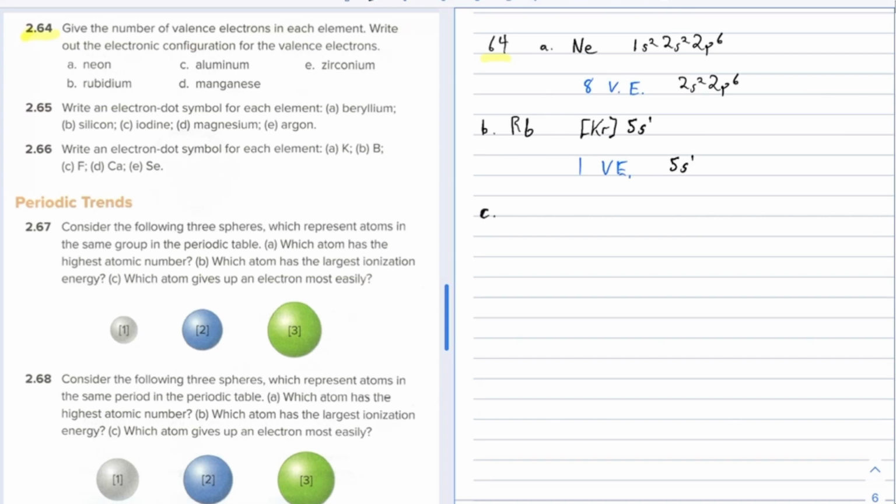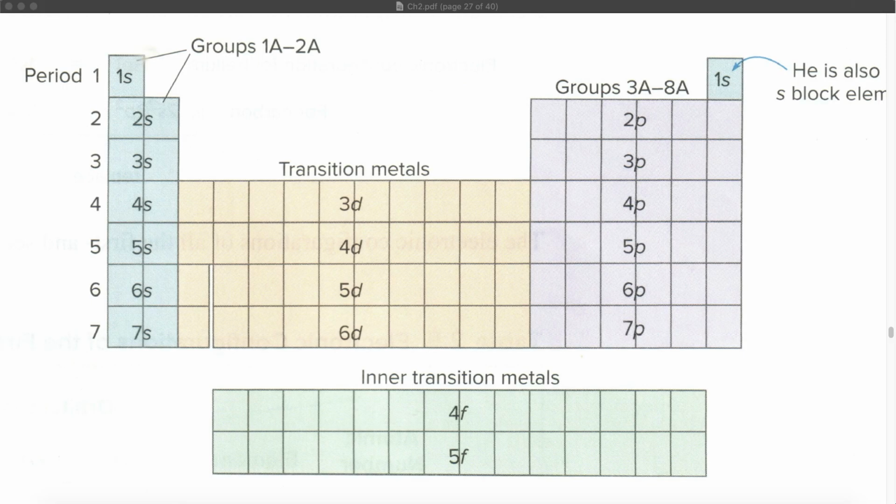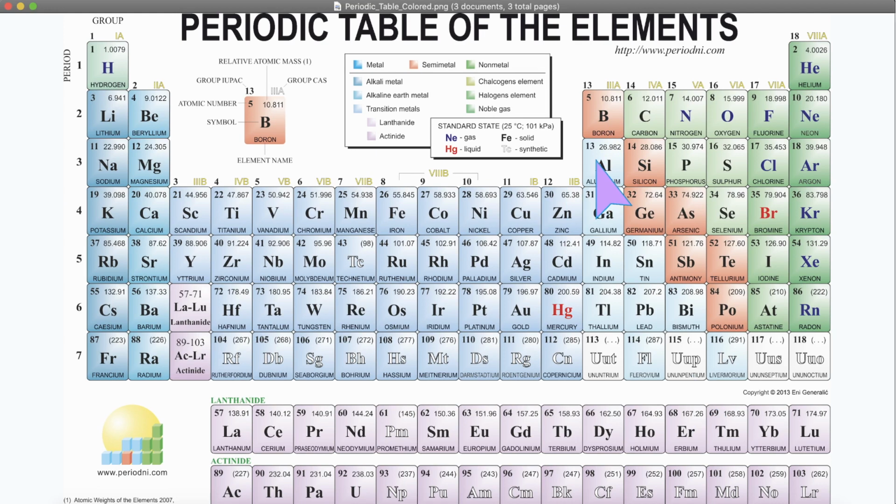So aluminum. And if we go to the periodic table, find aluminum. There it is right there. You can see it's in group 3A. So I'm just going to bravely put 3 valence electrons. We can check that with the electron configuration.